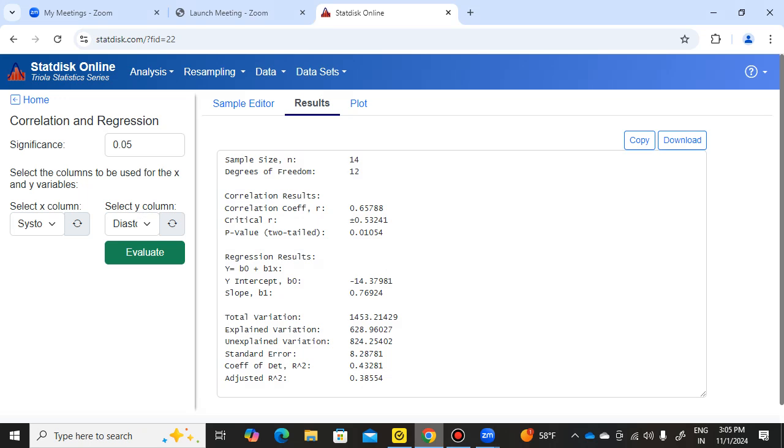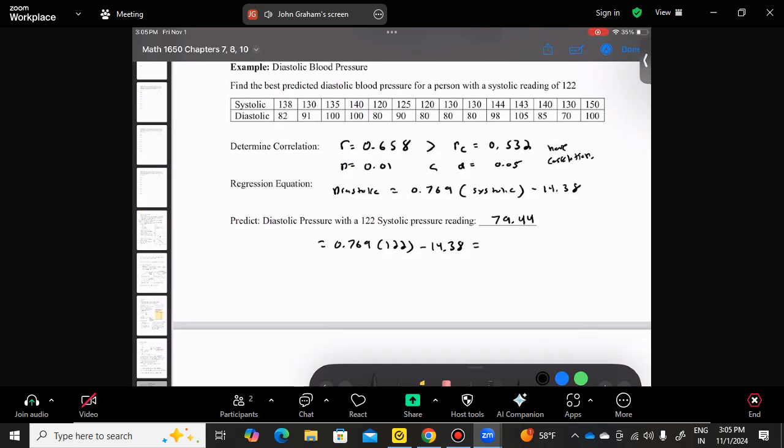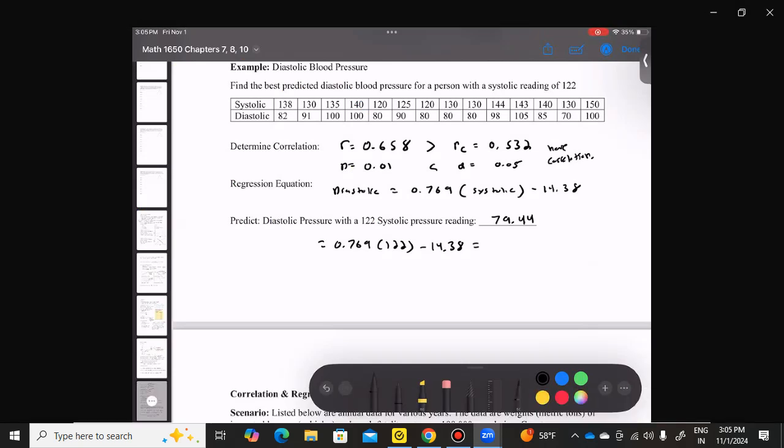We get 79.44. Okay, and that's our prediction. All right, so we have correlation. We can use that regression equation and it gives us a value we can actually rely on.